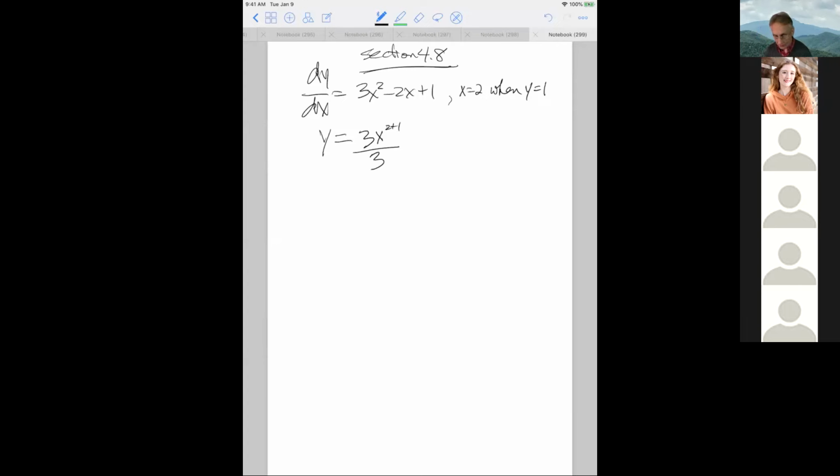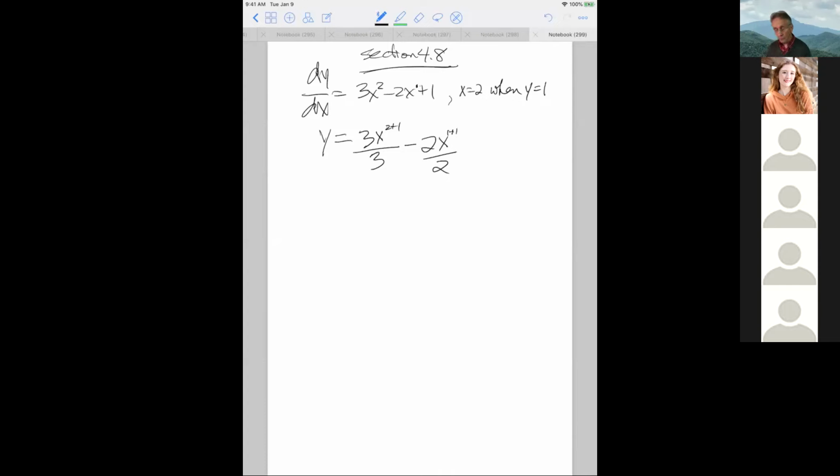I'll condense it all when I make the next step, all right? Then we subtract. Again, there's no 1 there, but you know there's a 1. So raise the power by 1, 2 times x to the 1 plus 1, over that new power, all right?